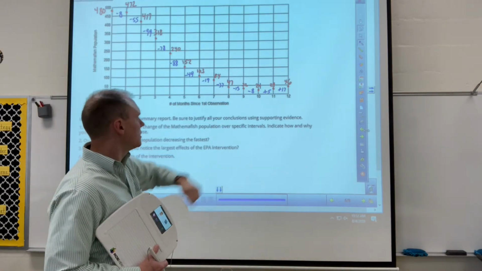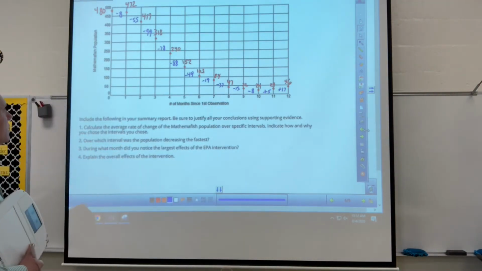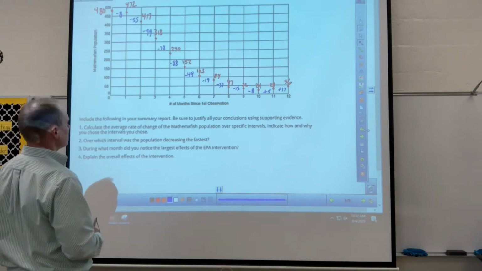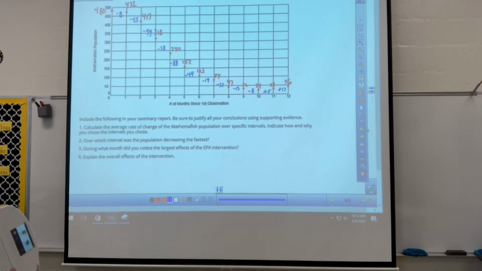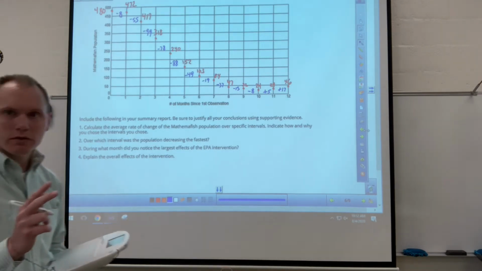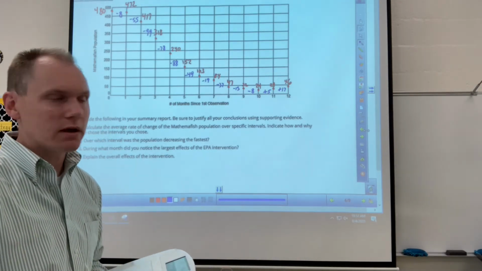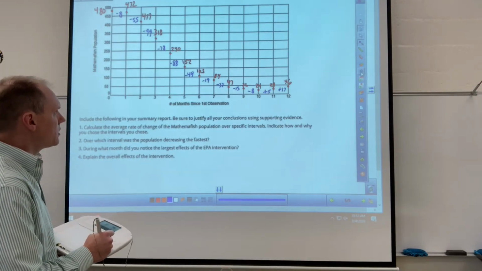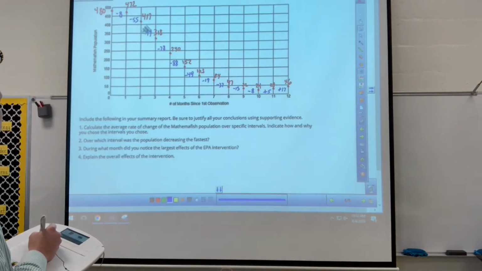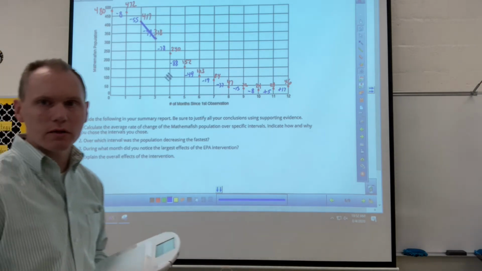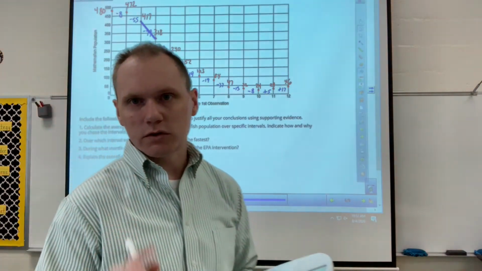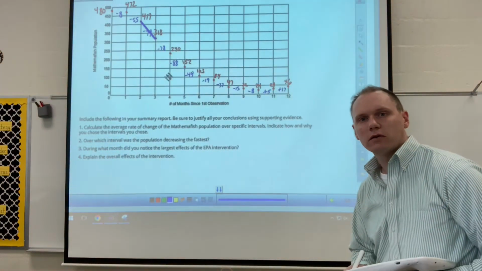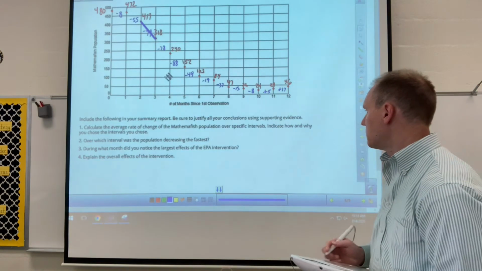We went up 5 and then up 17 to finish it off. So over which interval was the population decreasing the fastest? From 1 month to another one, the fastest decrease was here at 99. So from here to here, we lost 99 fish over that month, and that was over consecutive months.